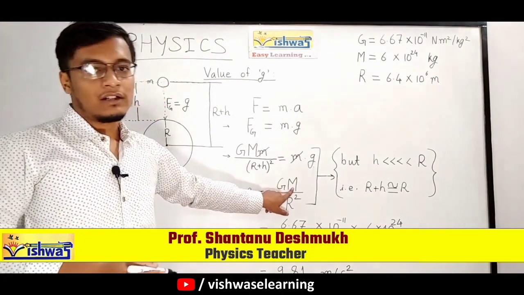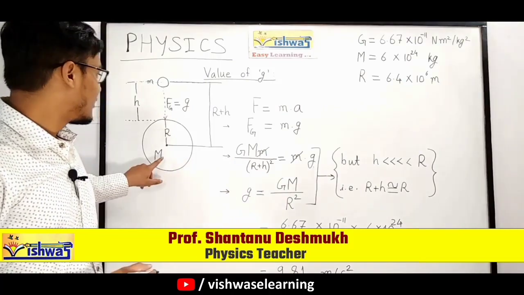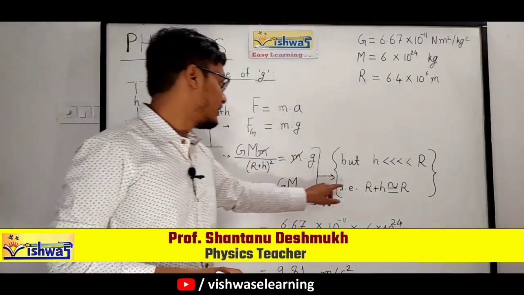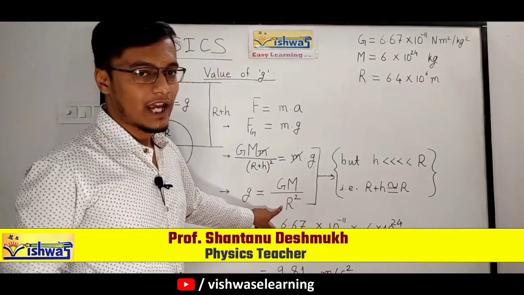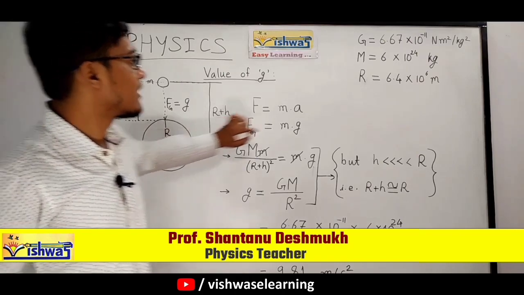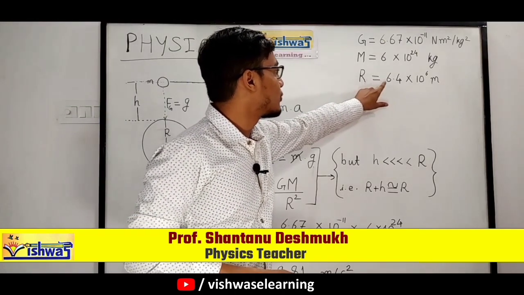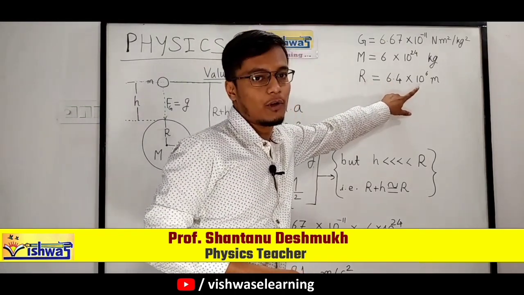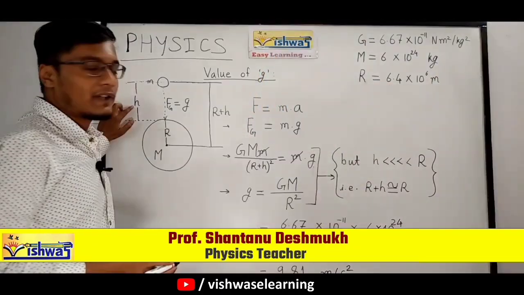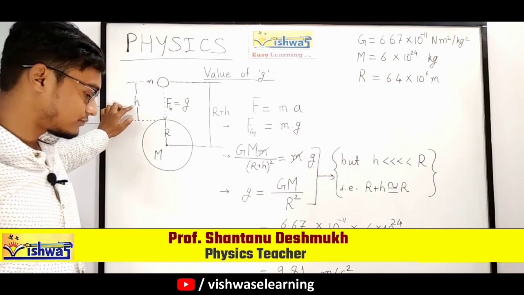So here capital M is the mass of the earth, and now we will see why I have taken only r. The radius of the earth, I have written here, r is equal to 6.4 into 10 raised to the power 6 meter. It is so much bigger than h.